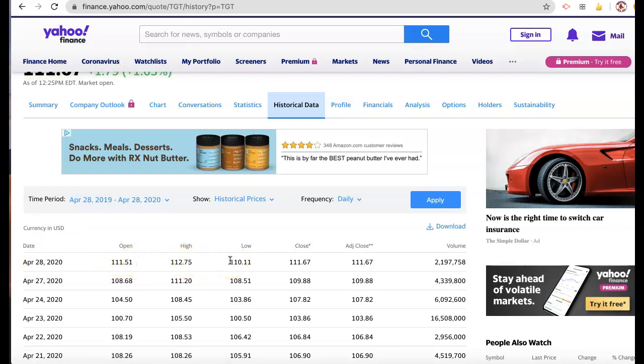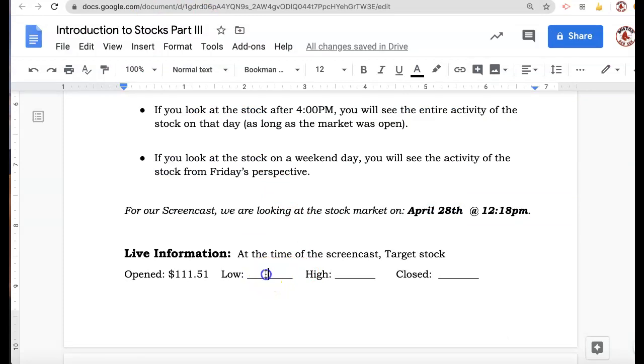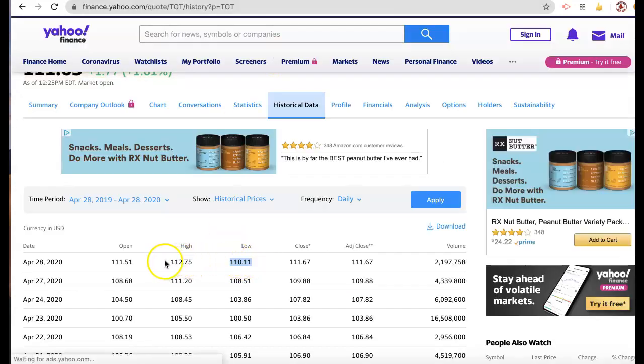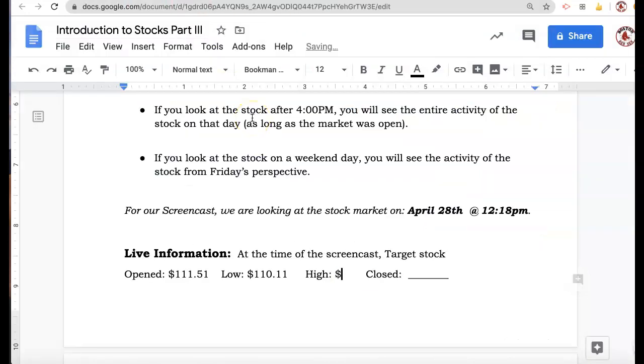The lowest it got in that dip, where it dipped down, here it tells us 110.11. The highest it got was 112.75. And it hasn't closed yet because it's not even 12:30 in the afternoon, and it doesn't close till 4 o'clock.